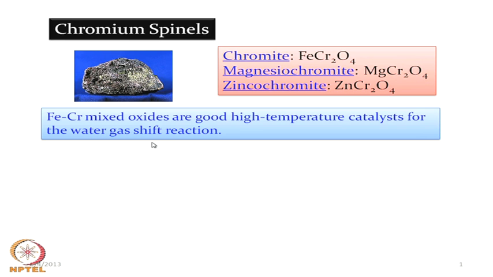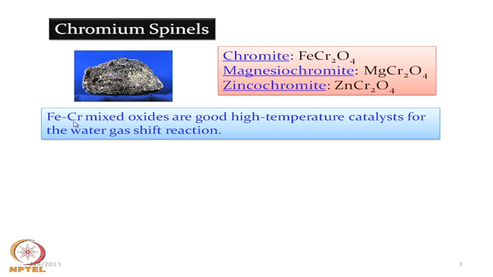So, the corresponding water gas shift reaction can show some catalytic activity due to the presence of either chromite or some synthetically prepared material, which we can prepare in the laboratory, for its catalytic behavior.